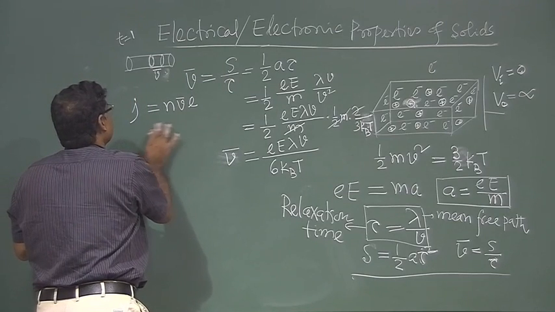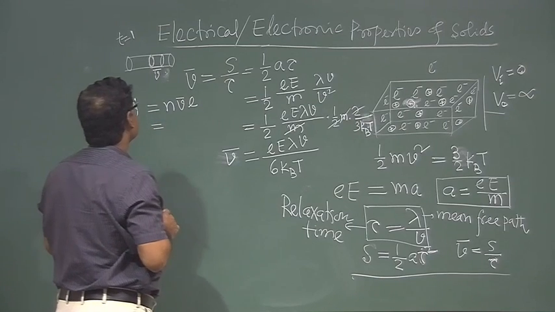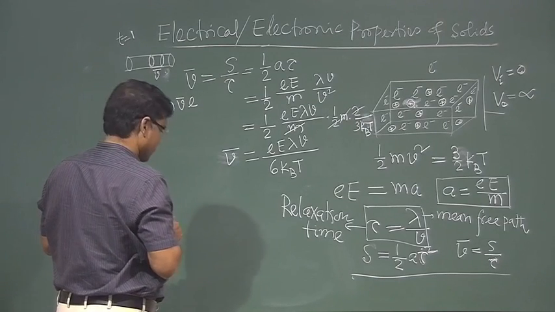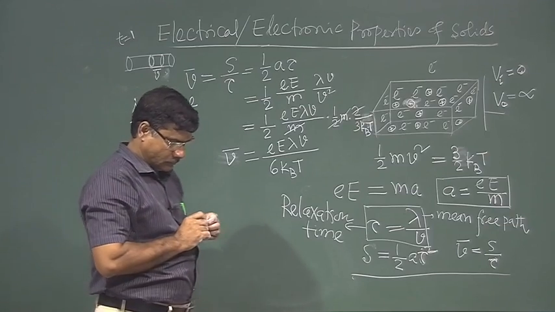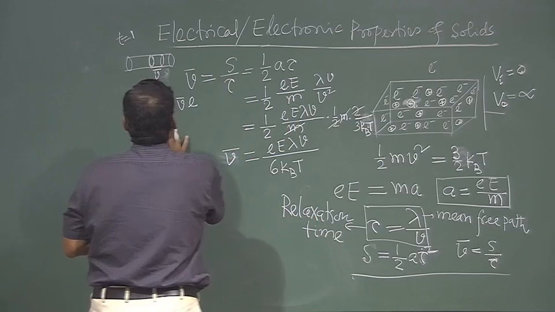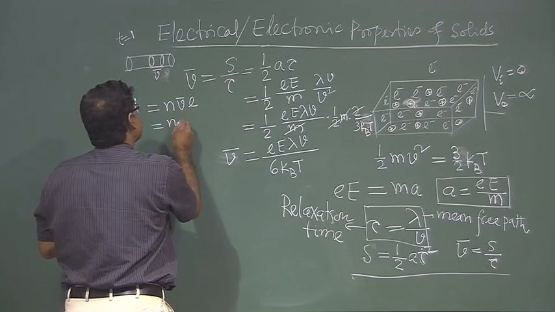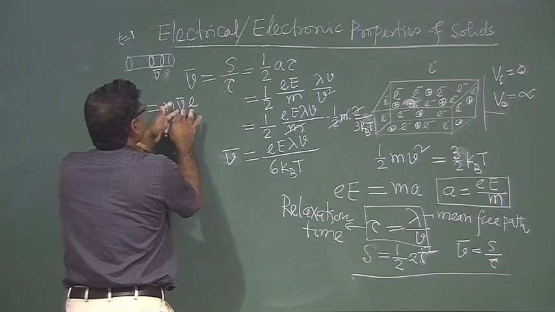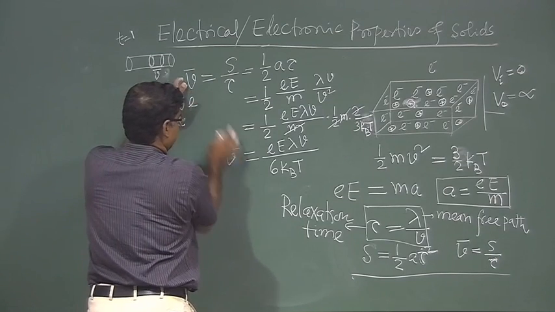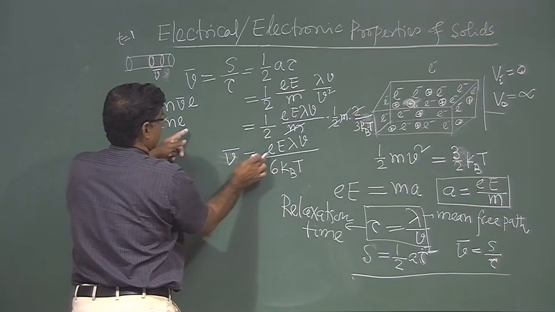So, to get this charge density, we have this n, this e, and that v bar, and we have got this v bar as this. So, one can write e here.